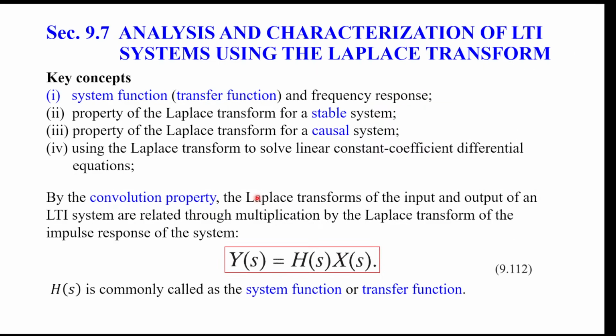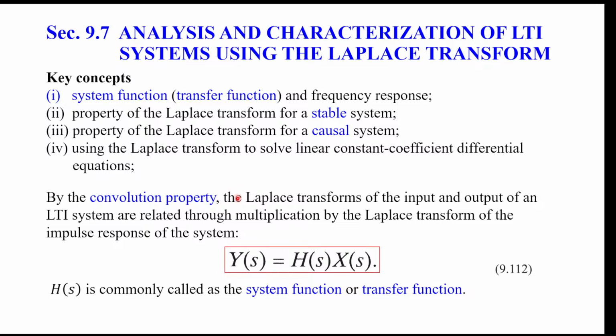Now we go to the next thing. We use the properties to analyze our LTI system, now using the Laplace transform. The start of the story is similar. Once again, we use the convolution property.